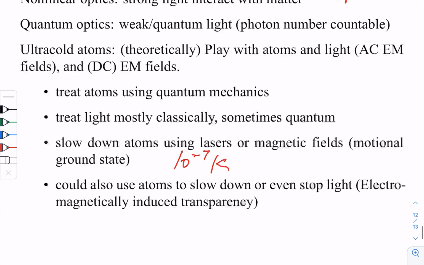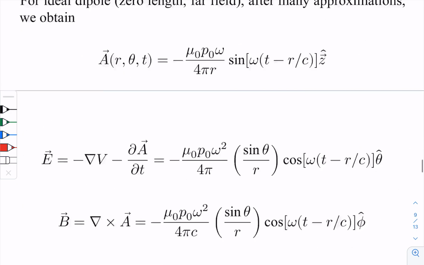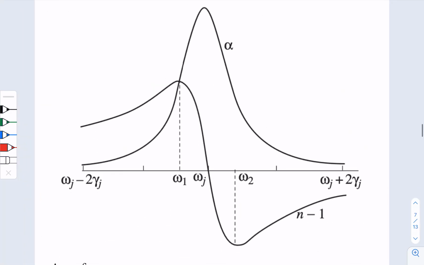It's actually similar to what I just described about the resonance condition or the resonance shape of this material. So I will go back. We just discussed the dispersion relationship.